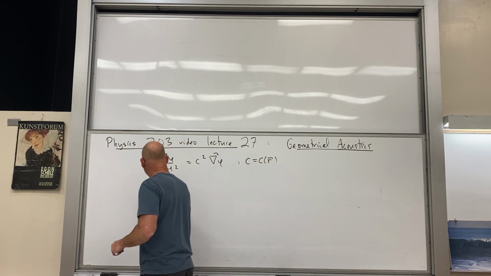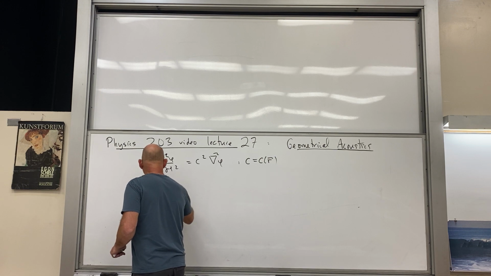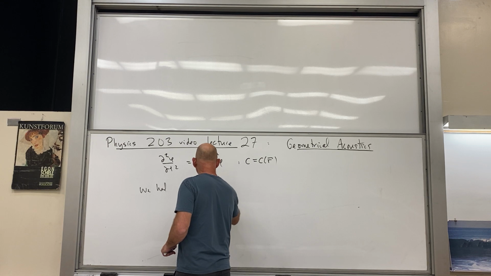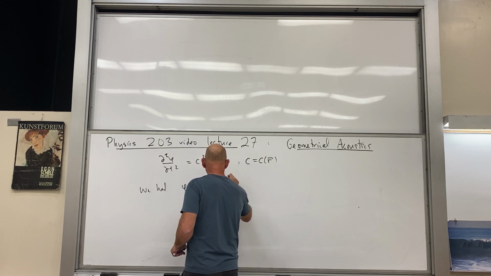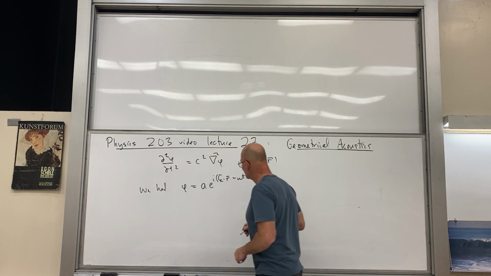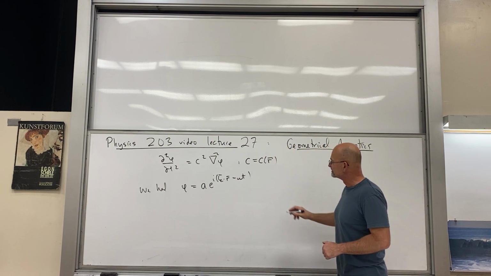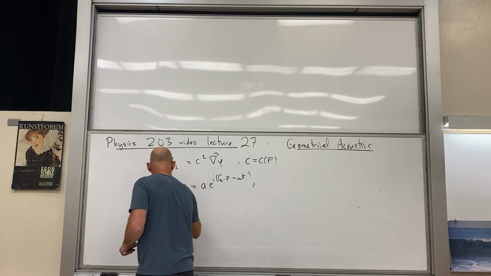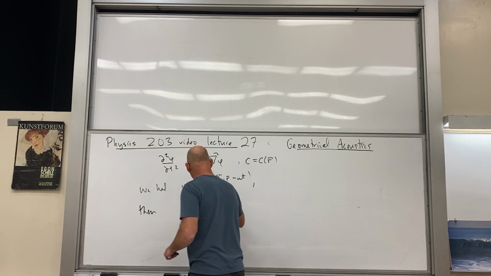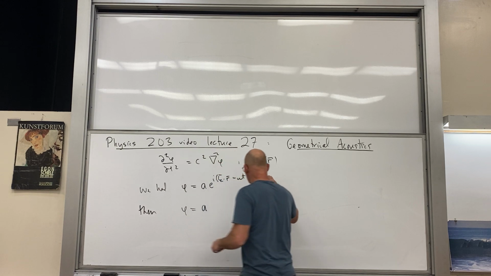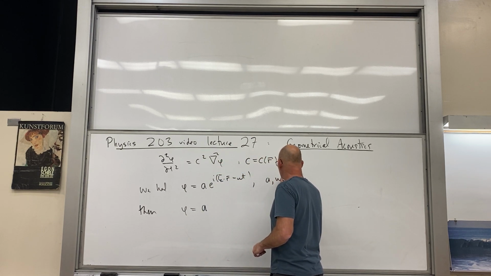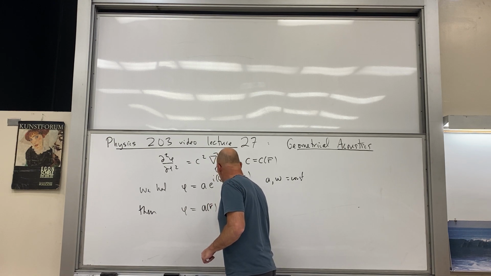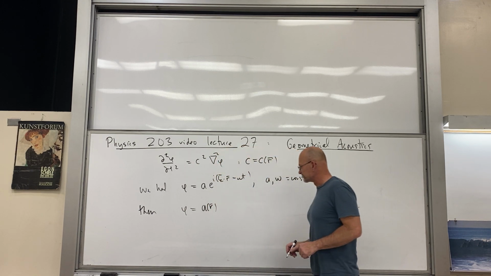So we had phi is equal to A e to the i (k dot r minus omega t) for the plane wave. Then phi is equal to, and here A and omega were both constant, but then suppose we had A of r for that amplitude.